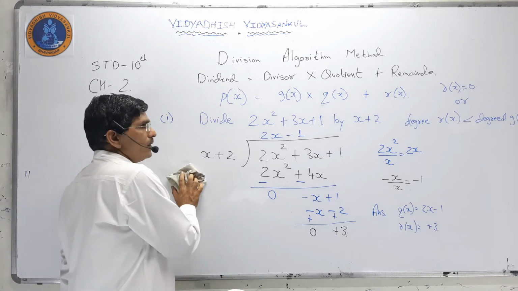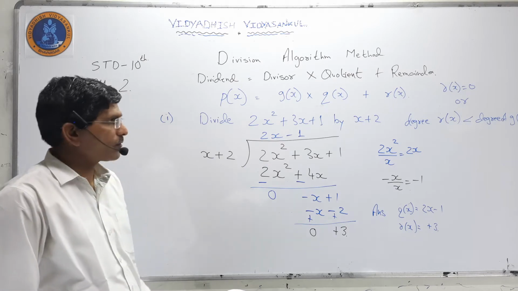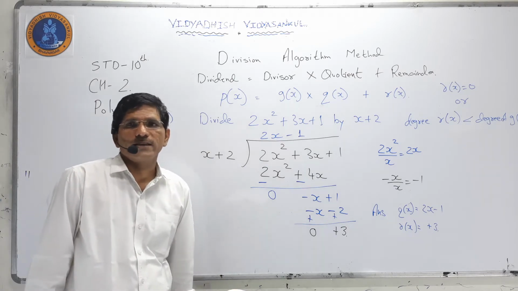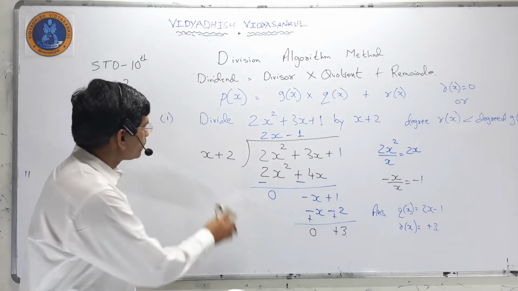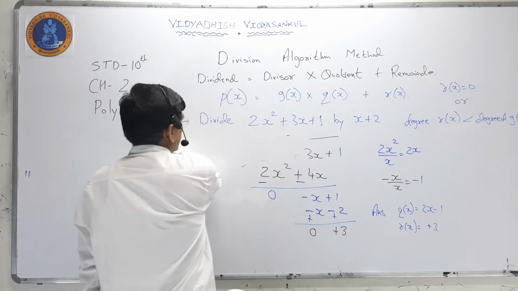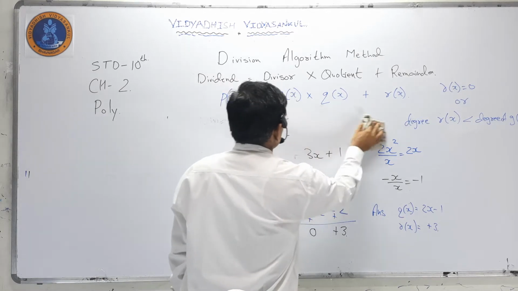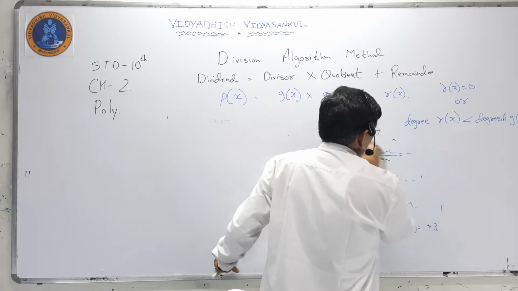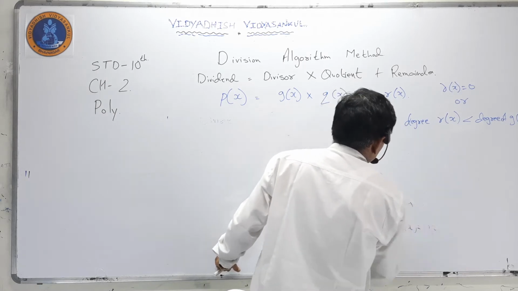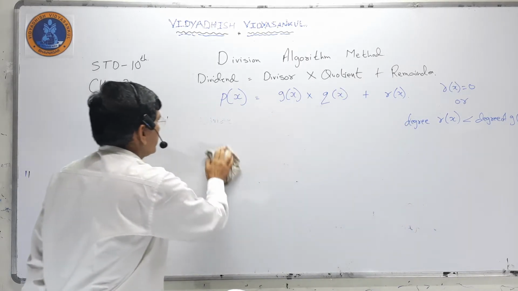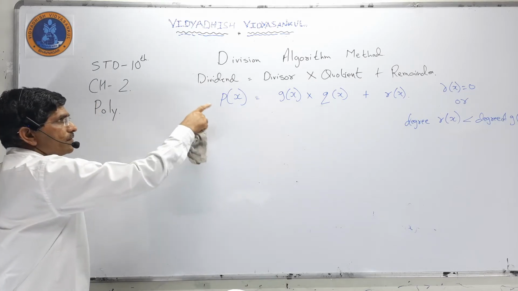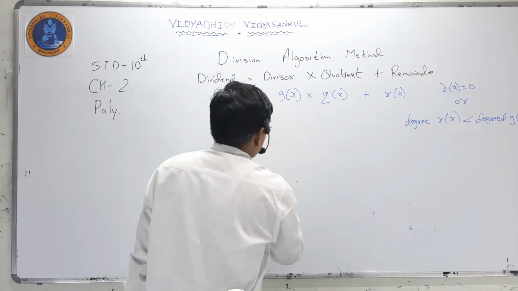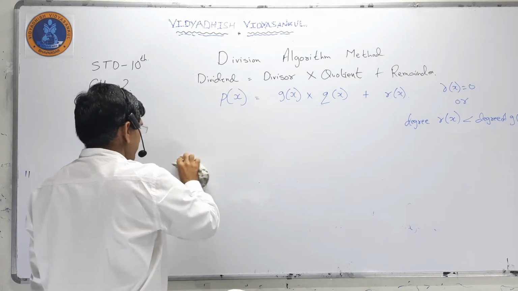So now I have to do one more example, then we go for exercise 2.3. The concept is already described here: dividend is equal to divisor multiplied by quotient plus remainder.